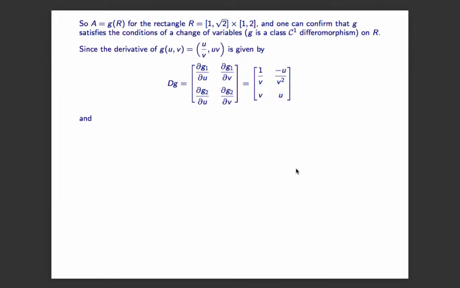So in order to utilize our change of variables theorem, we'll need the derivative. The derivative is the matrix whose first row is the gradient of u divided by v, and the second row is the gradient of u times v, which we have here.